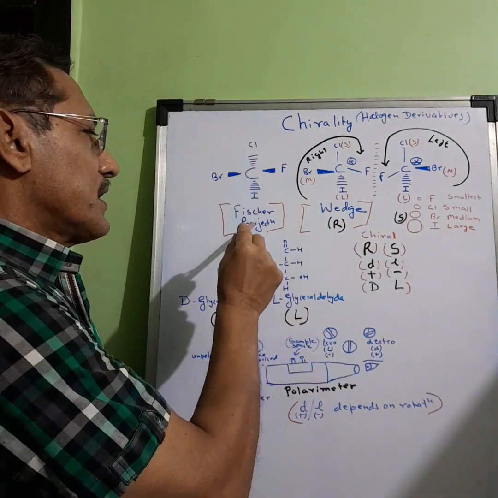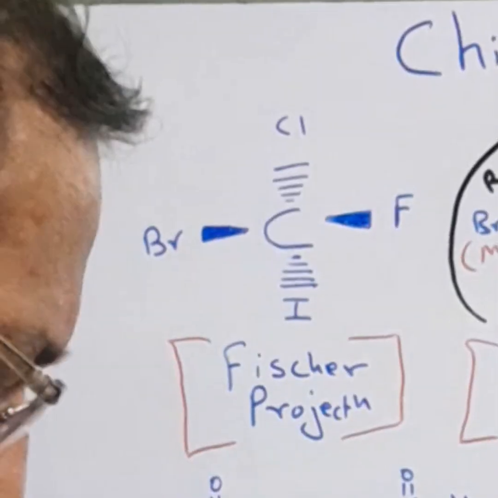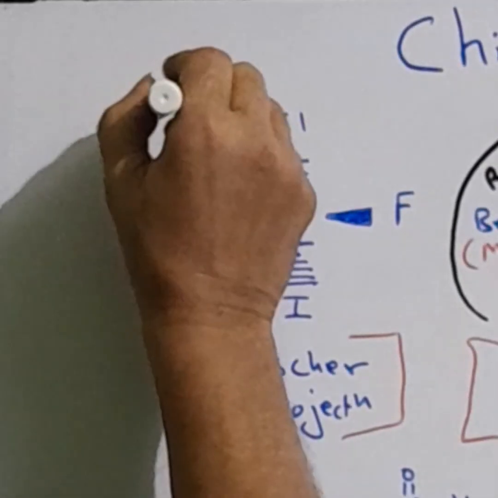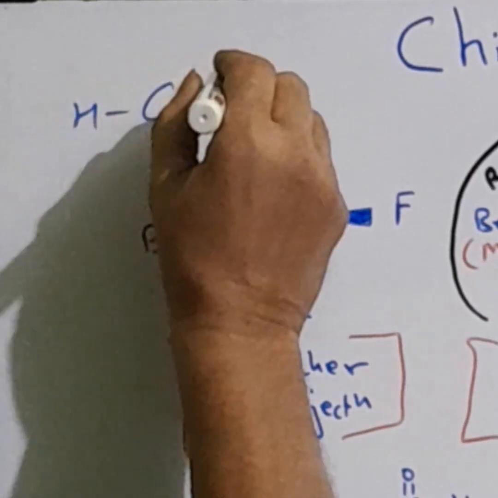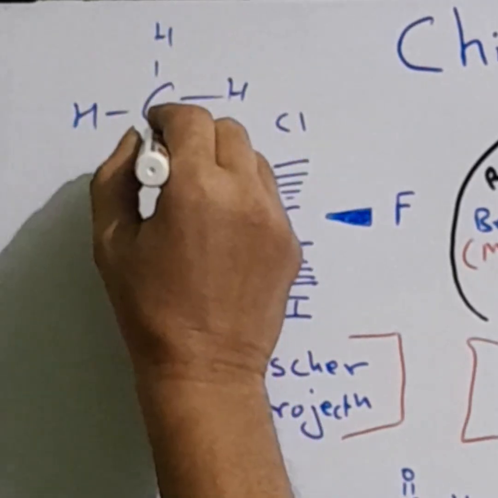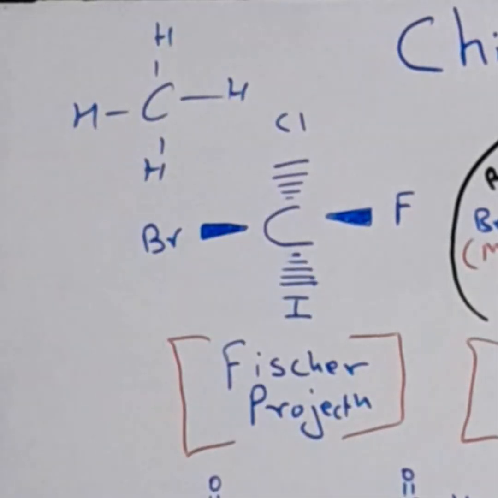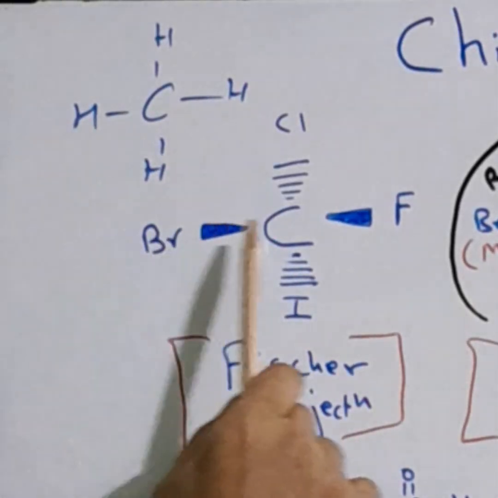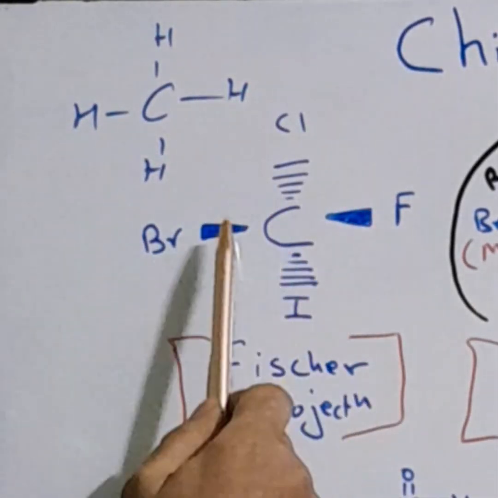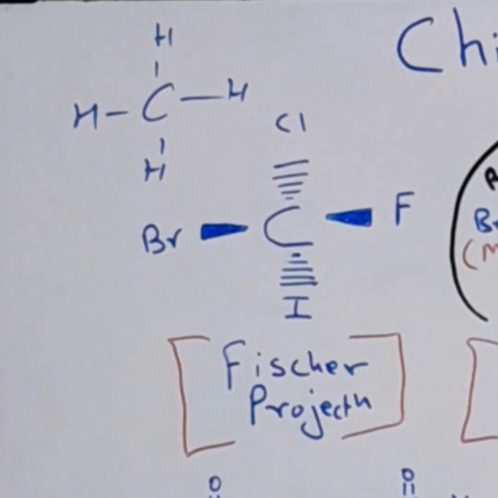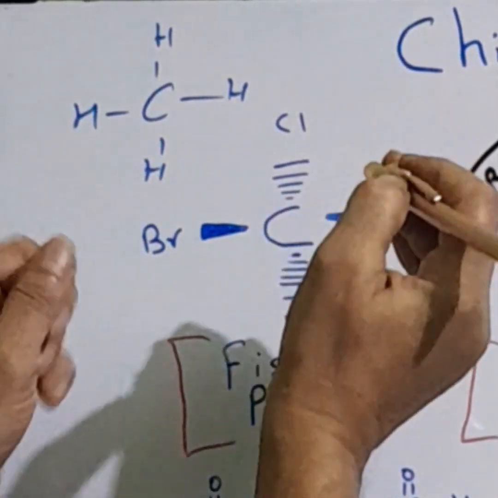Now, whenever we are talking in terms of Fisher's projection, if I represent the molecule like this, with H attached this way, what do we assume? In Fisher's projection, we assume that whatever is horizontal is above the plane. Whenever a group is bold like this, it means it is above the plane.